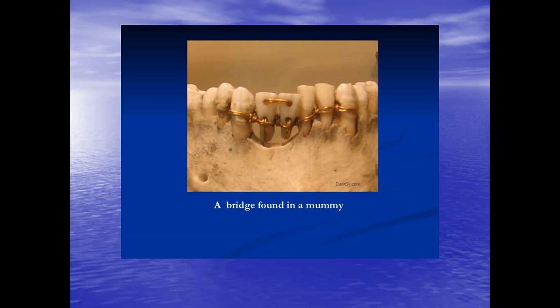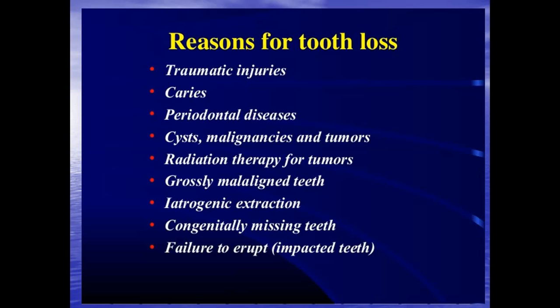See even in a mummy in ancient Egypt, there was a construction made with gold wire and some extracted teeth to replace the missing two central incisors. Definitely, we don't do these constructions anymore for a number of years already, like several thousand years. But this is an example.